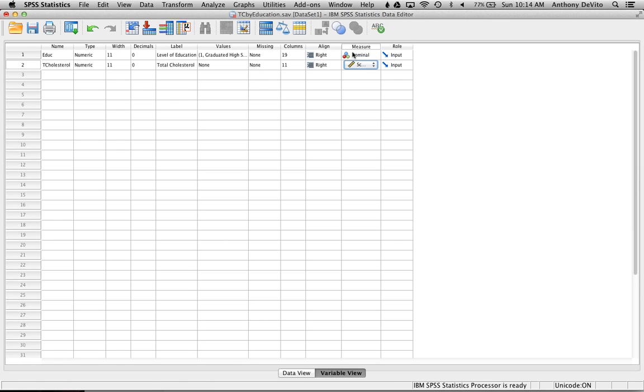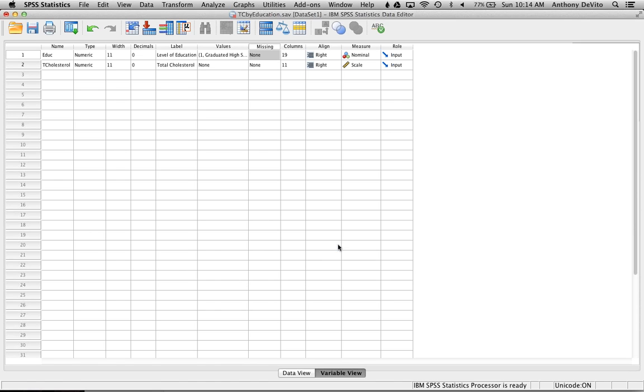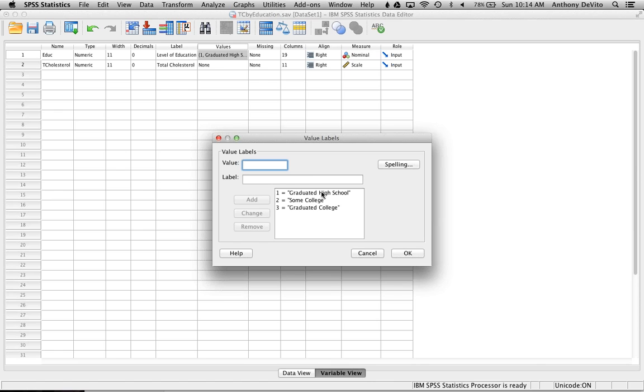Now, when we have a nominal variable, we know that means we have categories in there, and we can describe those categories if we want to. So we go into values, and we've already done this in advance. Under values for education, 1 represents high school, 2 represents some college, 3 represents graduated college.